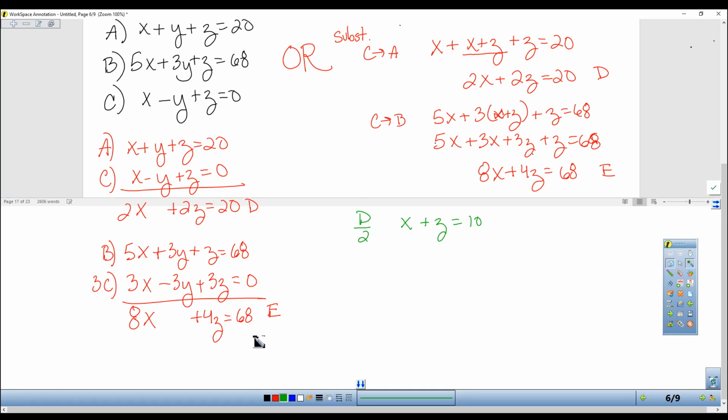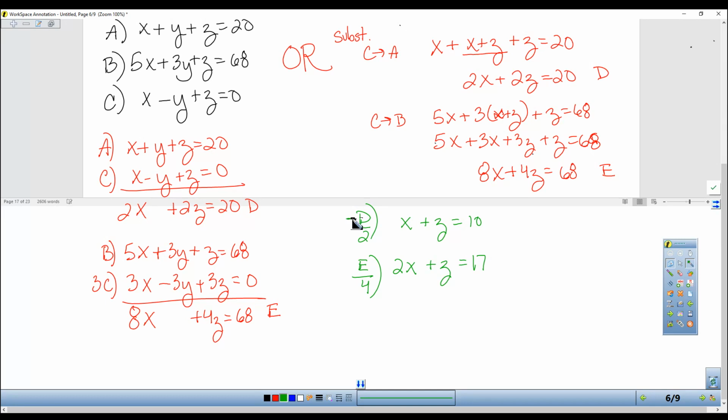And I'm going to take E and divide E by 4, just like over here we multiplied C by 3. I think that might make my life easier. 2X plus Z is equal to 68 divided by 4, which is 17. And that to me looks so much easier than working with D and E.